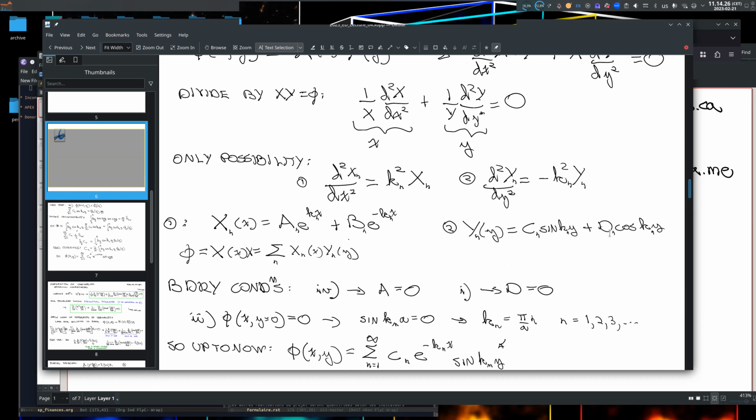So this would work. But what you would find is that you're not going to be able to fit your boundary conditions. For example, the condition we had that the potential would vanish when we go to x plus infinity, that you cannot get out of the sine and cosine.